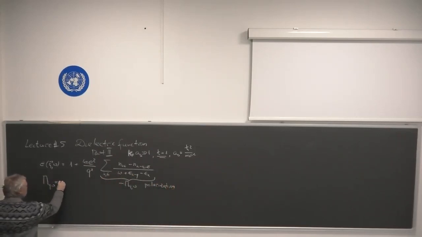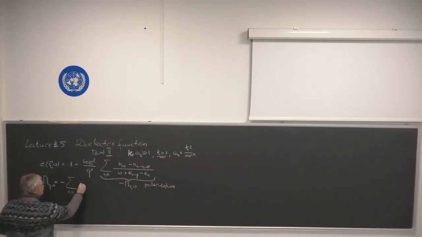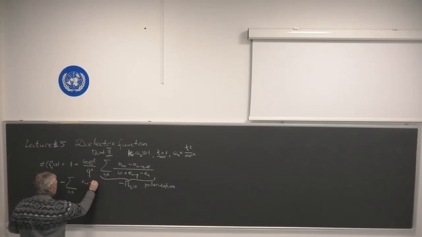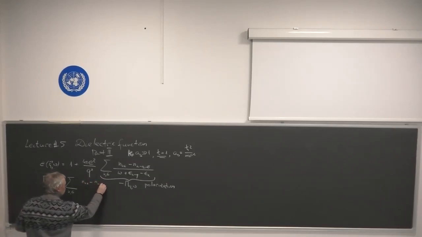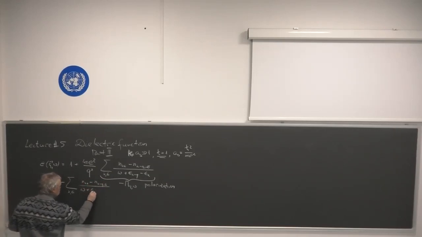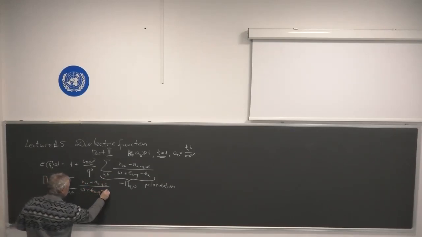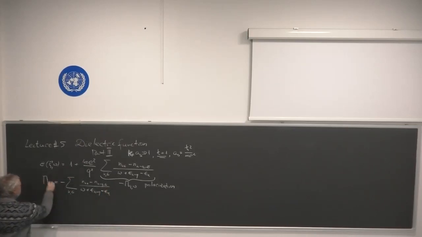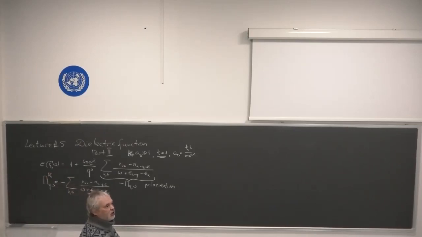It's equal, as I said, minus the sum over k sigma, n_k sigma minus n_{k minus q} sigma, divided by omega plus epsilon_{k minus q} minus epsilon_k. And in principle, this is a complex function of its argument.